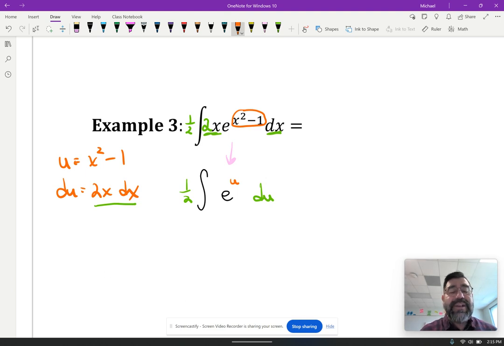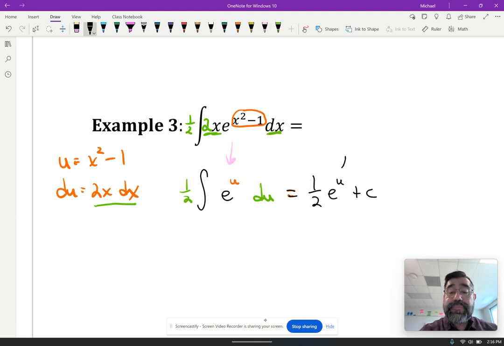And so I can take the antiderivative now, but remember that we are in the world of u's, not the world of x's. And so when I do this, this will be 1 half e to the u plus c. That is the antiderivative, right? The antiderivative of e to the u is e to the u. And because I had a 1 half constant, I just multiply it back in.